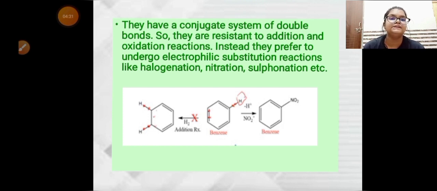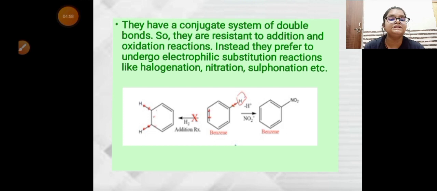Means they are releasing the resonance energy. Means the benzene ring has less energy. We know that less energy means high stability because energy is inversely proportional to stability. Benzene ring has high stability due to the conjugated system.